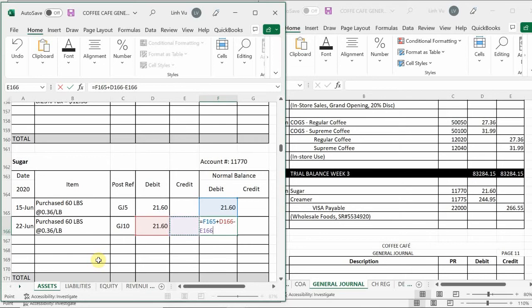What's my grand total? 266.55, that's the grand total for both the creamer and sugar. I'm talking about my total for sugar. What's my ending balance? 43.20.